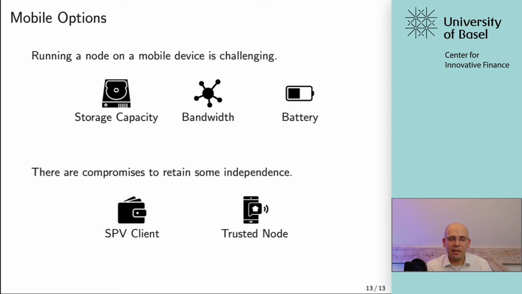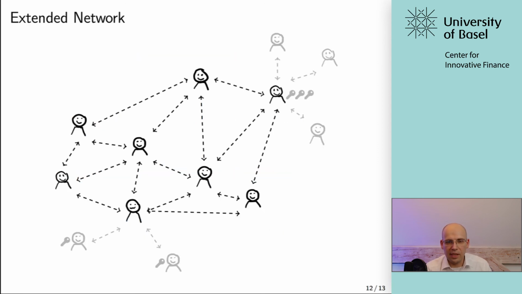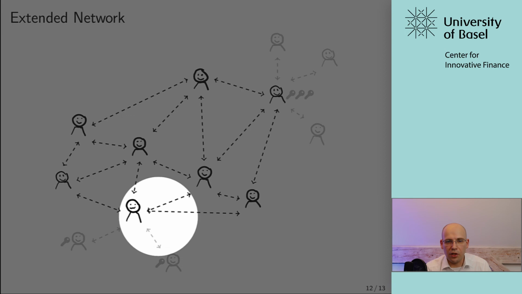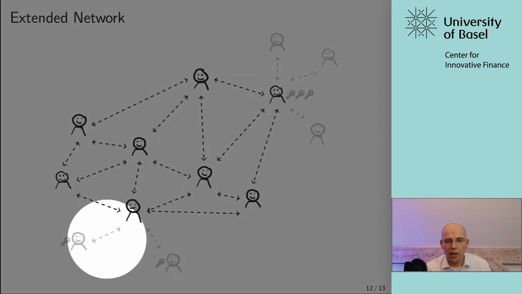Again, the biggest differences are that you don't store the entire blockchain and don't request all the information, but you're still connected to the network. So you're still a node, you're still part of it, and, which is really important in terms of security, you still can get your information from various sources. That's the biggest difference to this case right here, where you just connect to one information source.